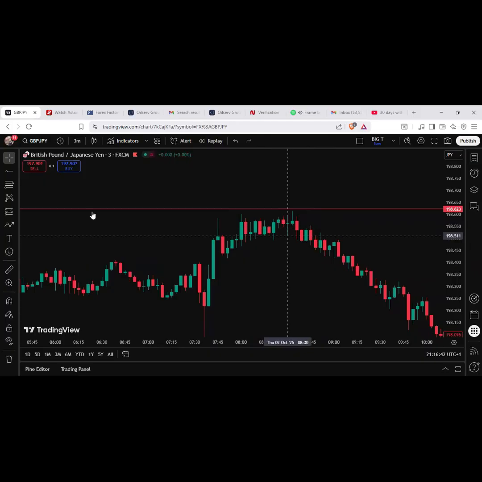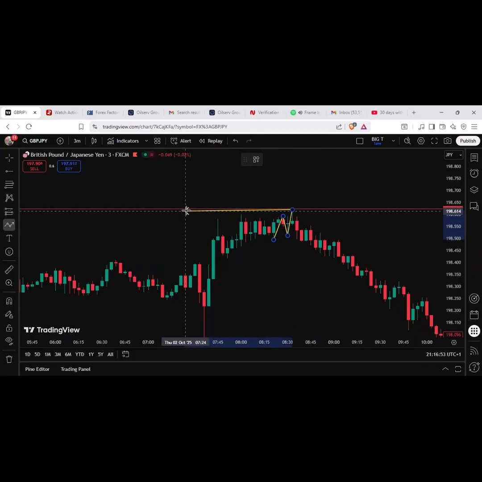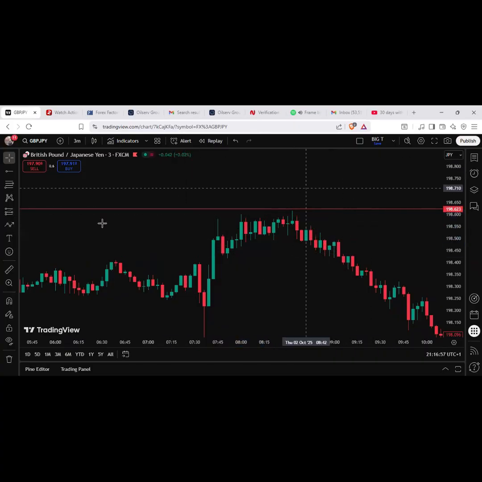Preferably this one, because I'm using this one now. Why? Because I can clearly see when price pushed up here, tested at this juncture, and pushed up further, this is the highest point price went to before it started selling. So this is the higher low it broke out from. Easy peasy. Not so hard, guys. You just need to trade what you see.